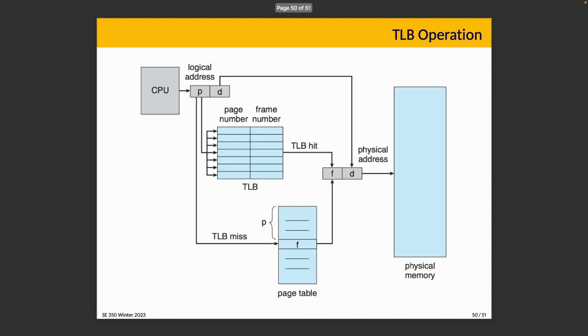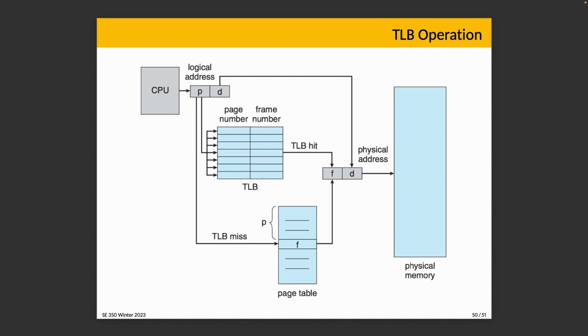All right, here's a diagram if that helps with understanding. The CPU issues an address, and the address is split into the page number and the offset. The page number is concurrently checked against all of the entries in the TLB, as well as we ask the page table in main memory. If we find it in the TLB, we can cancel the memory request and just go off of what we need.